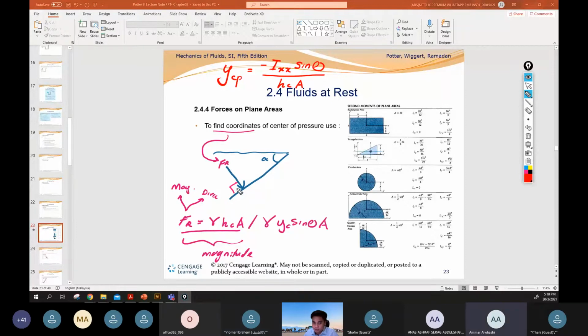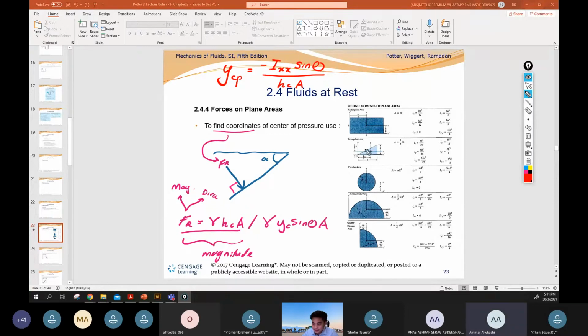Yes, doctor. For the shapes of the second moment of area, are these the only shapes that we have to know, or will there be other shapes? There will be, yes, that is a good question. You must know other shapes as well. Can you see this is rectangular? Yes.